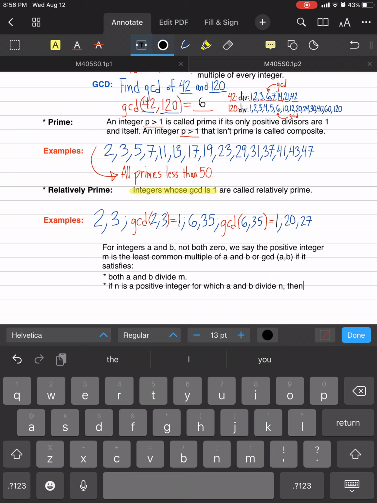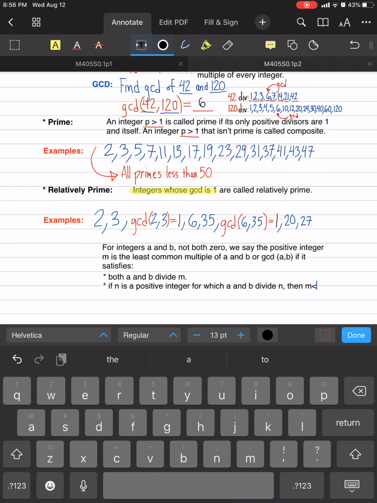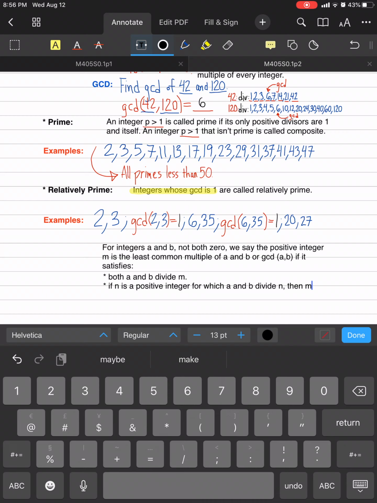Since M is the least, we should be able to say M is less than or equal to N.